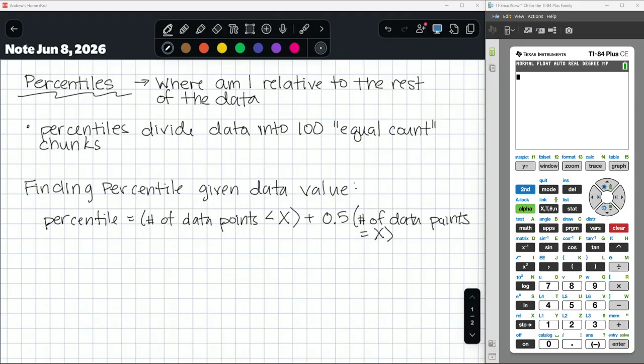Then I'm going to take that whole thing and divide it by the number of data points, my sample size, n. Once I've done that, I'm going to turn that decimal into a percent by multiplying it by 100. This sounds a little weird, so we're going to do 2 examples so you can figure out what that looks like in practice.